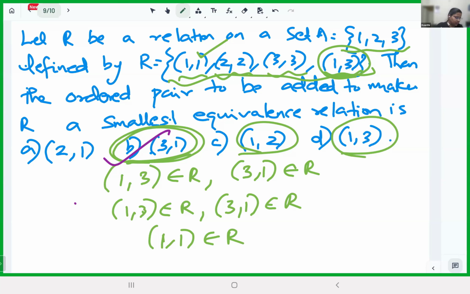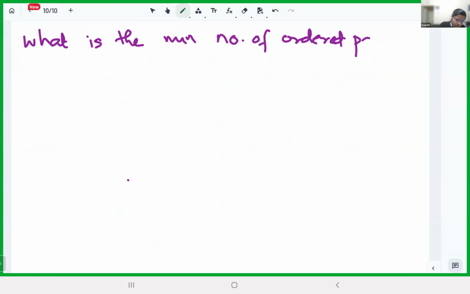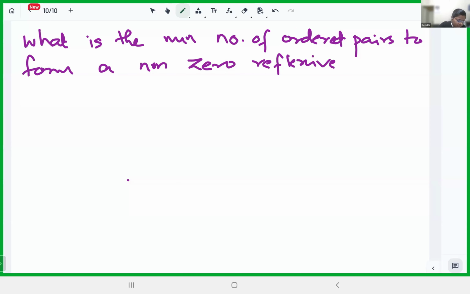Now we are moving on to the 6th question. What is the minimum number of ordered pairs to form a non-zero reflexive relation on a set of n elements?